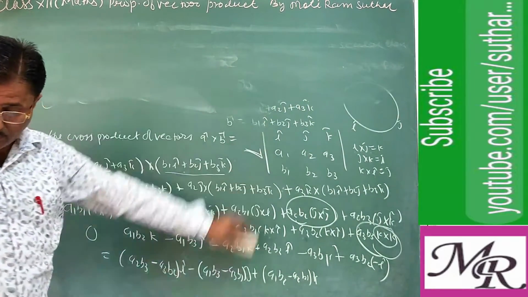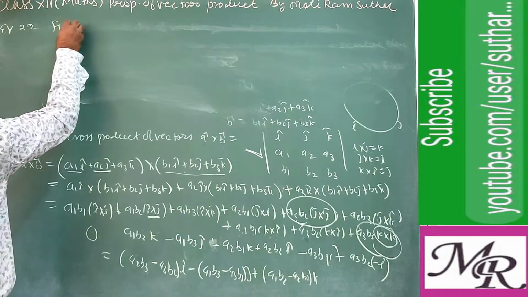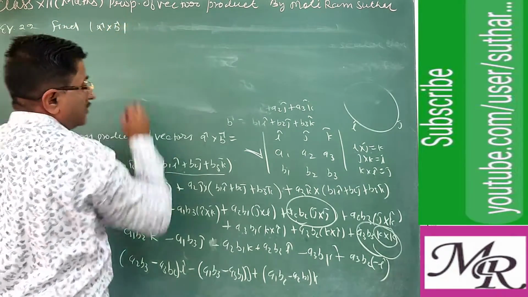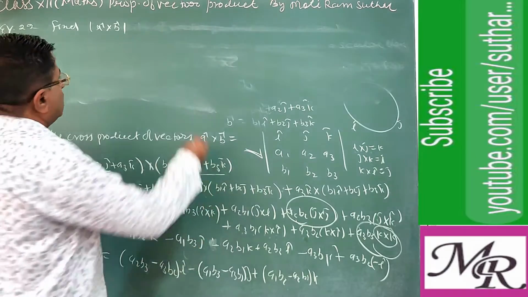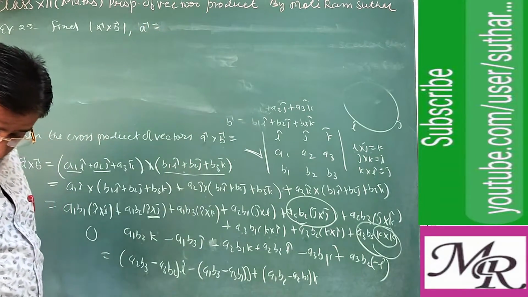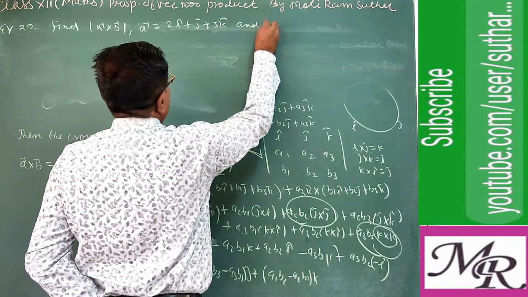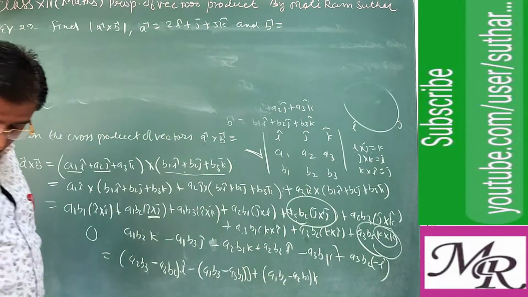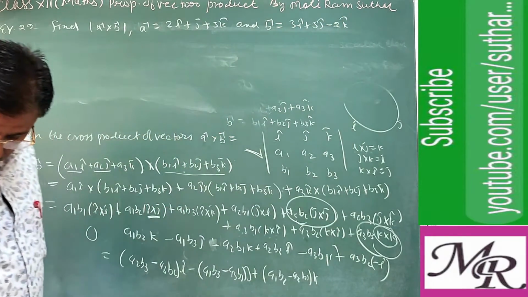First one, write down, example 22: find the mode of A cross B if vector A equals 2i plus j plus 3k and vector B equals 3i plus 5j minus 2k.